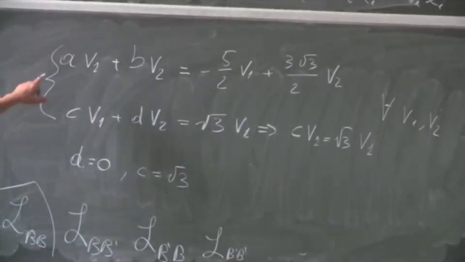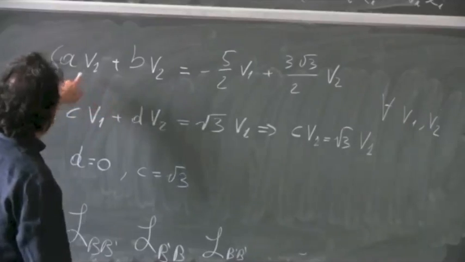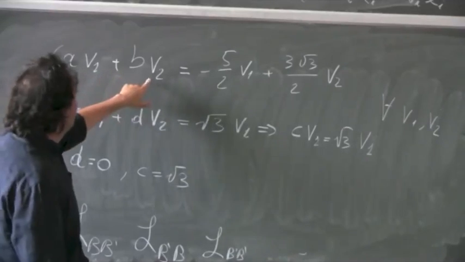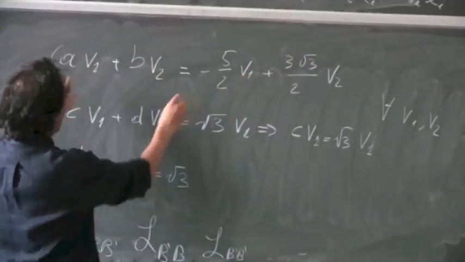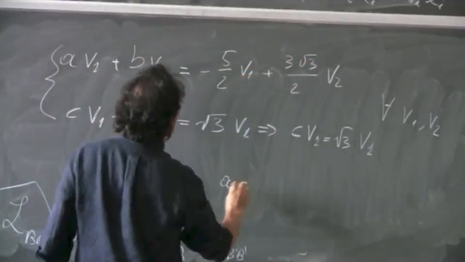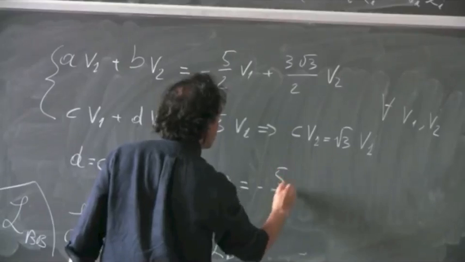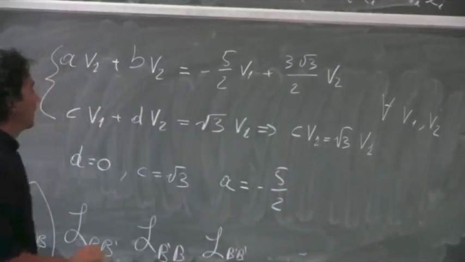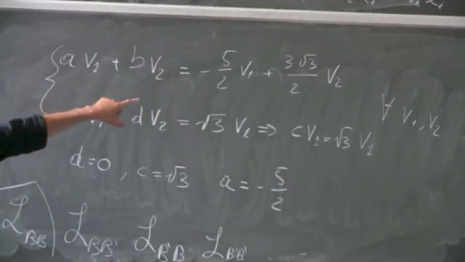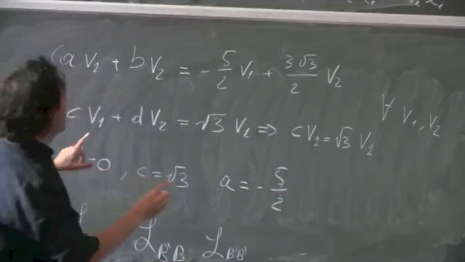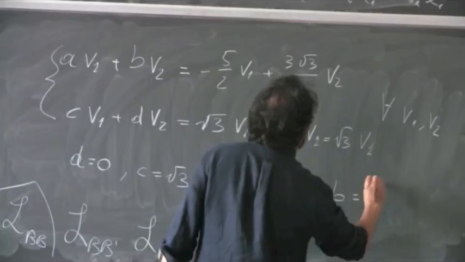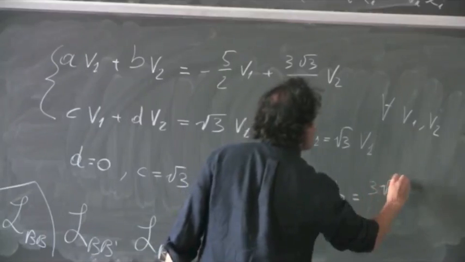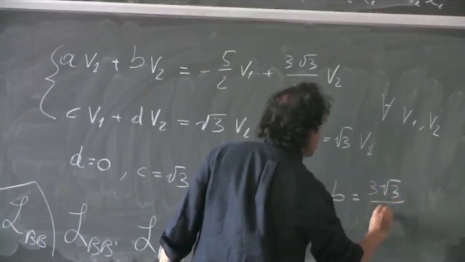From the first one, you can also say that if V2 is equal to 0 and V1 is equal to 1, you see that A is equal to minus 5 over 2. And if V1 is equal to 0 and V2 is equal to 1, you have also that B is equal to 3 square root of 3 divided by 2.